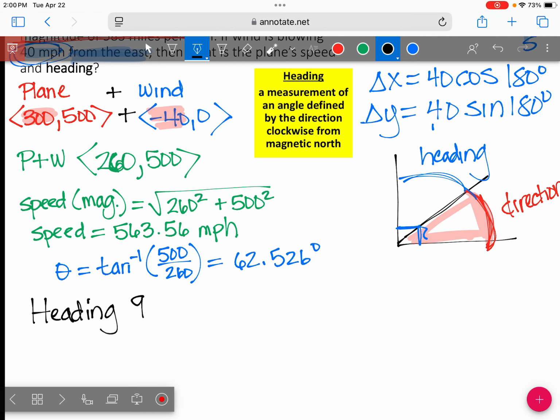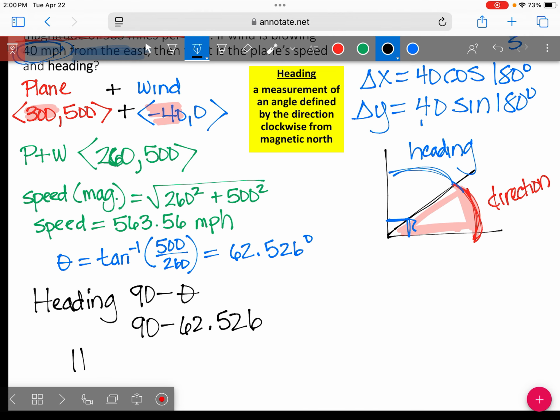So your heading is 90 minus theta, which would be 90 minus 62.526. Go ahead and type that in your calculator.